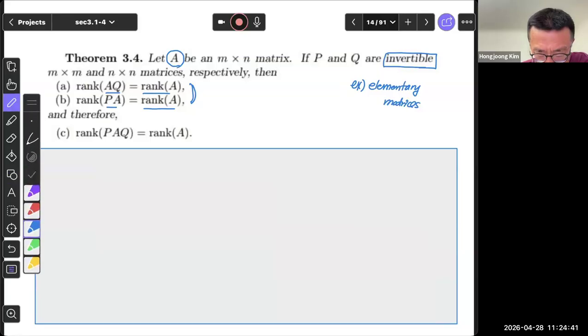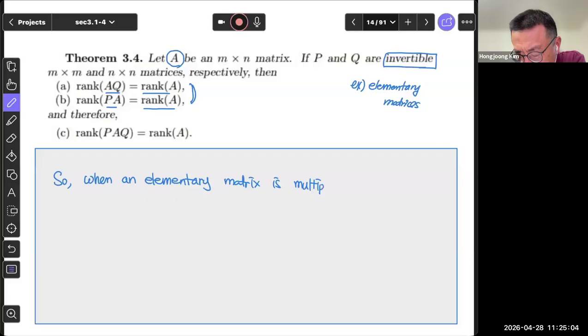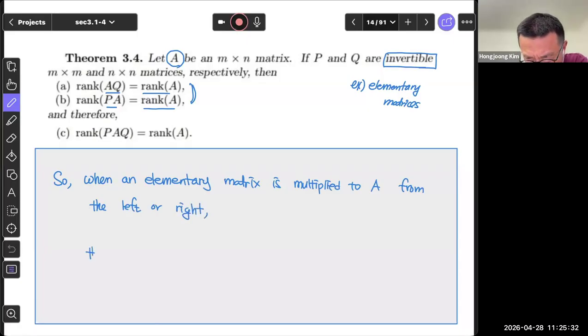So when an elementary matrix is multiplied to A from the left or from the right, the rank is unchanged, right? So this is an example of the theorem, right?